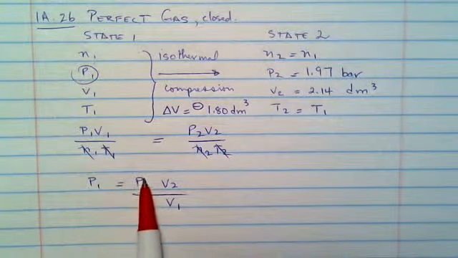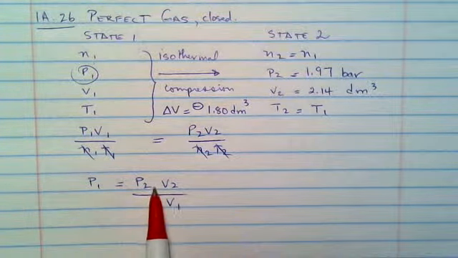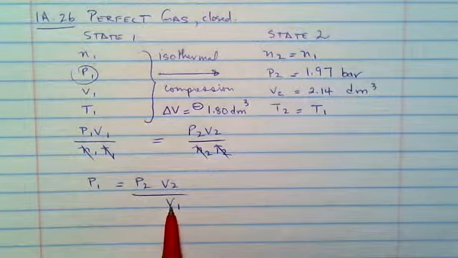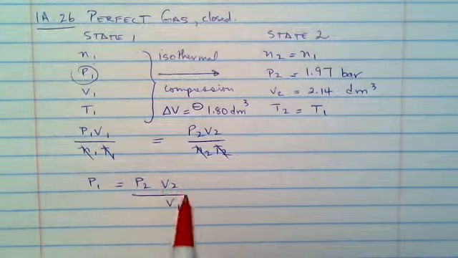Now, I can leave the pressure in bar because I'm asked for that in bar units. And the volume, I don't have to change it to liters because I'm multiplying by the volume ratio.